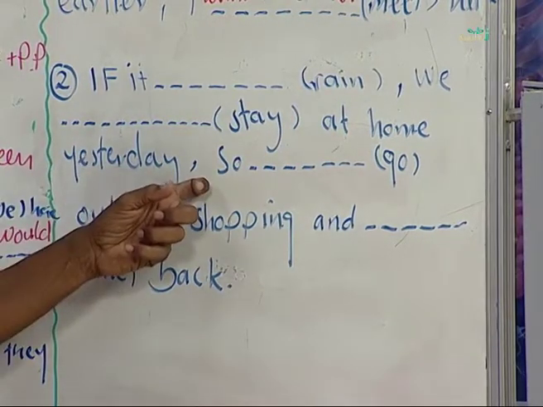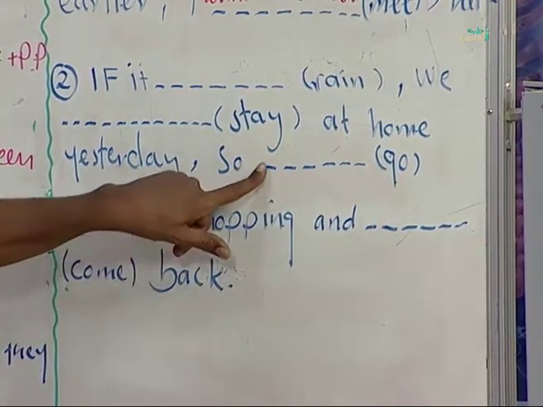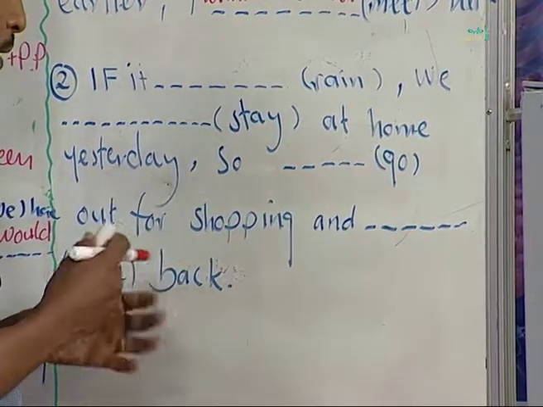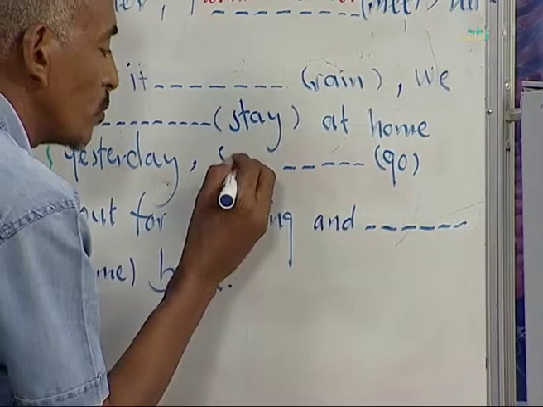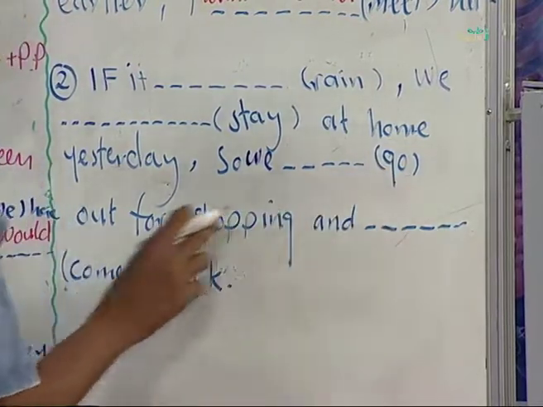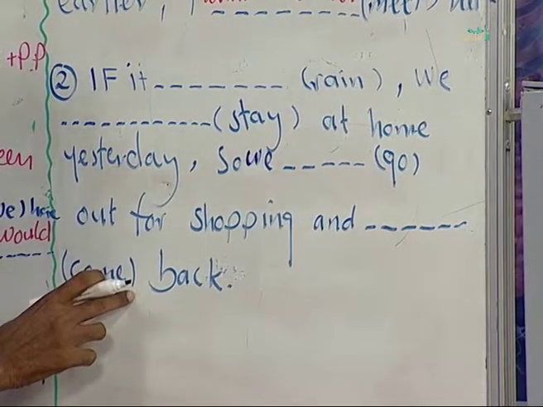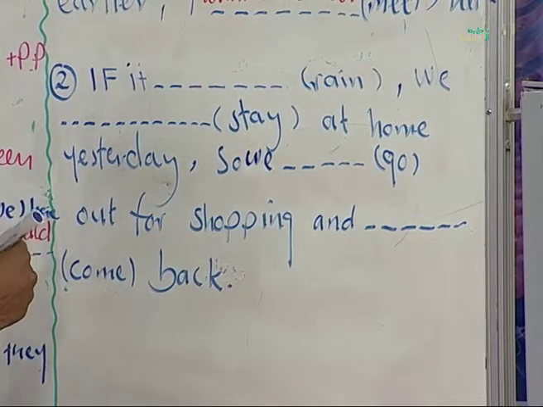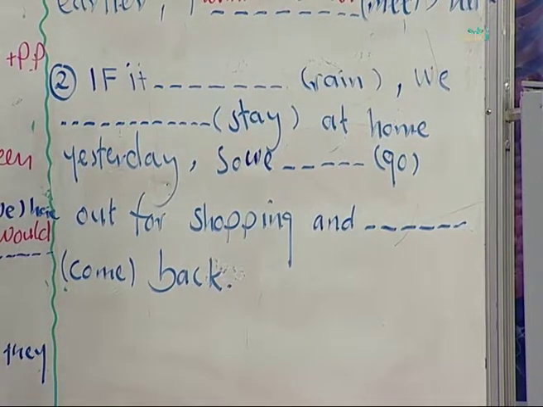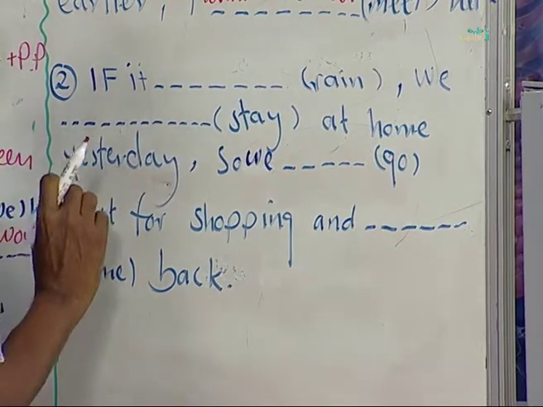So we went out for shopping and came back. This is going to be conditional type 3, or if 3.